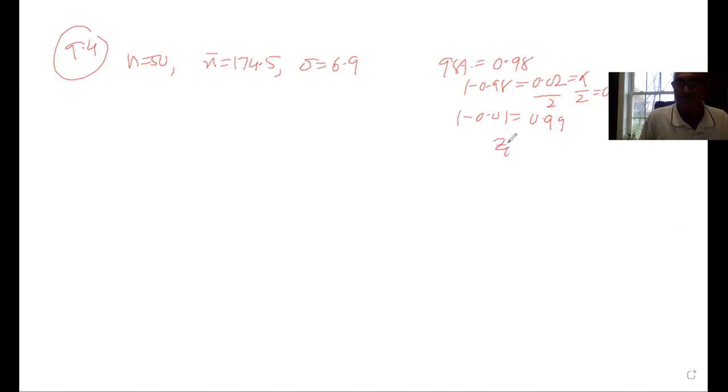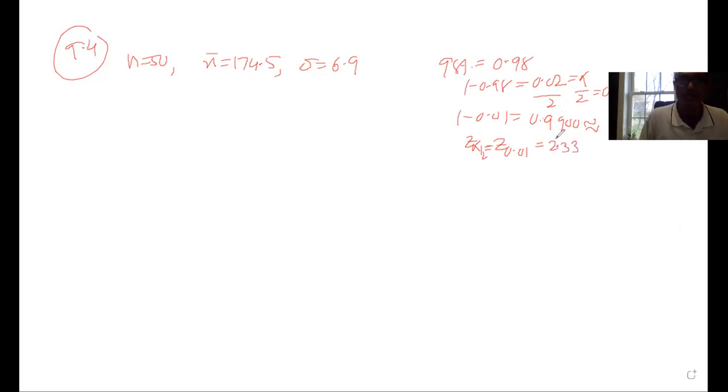So the z value of z alpha by 2 corresponds to 0.9900. You can find this value in the table, and that corresponds to 2.33.